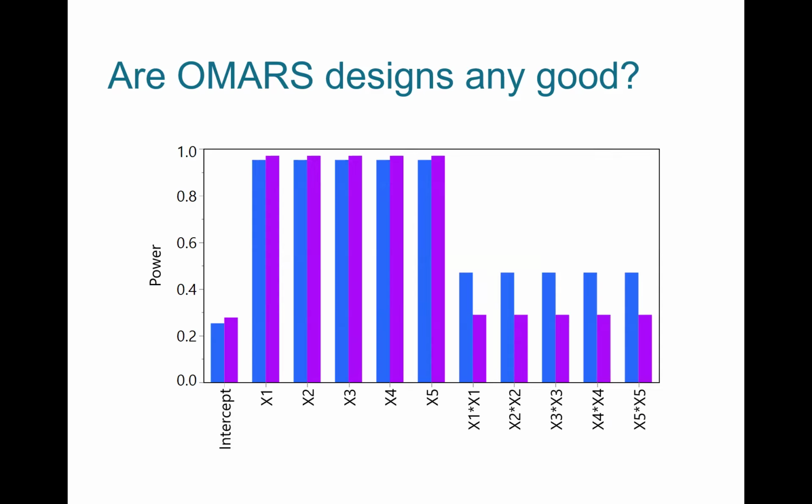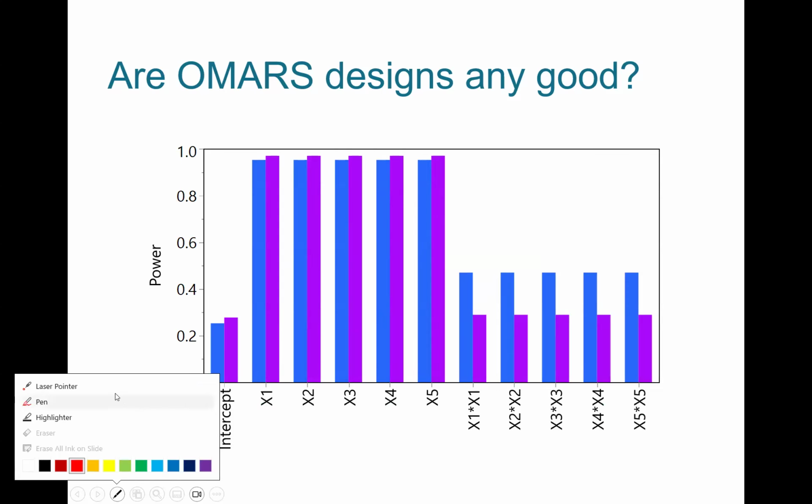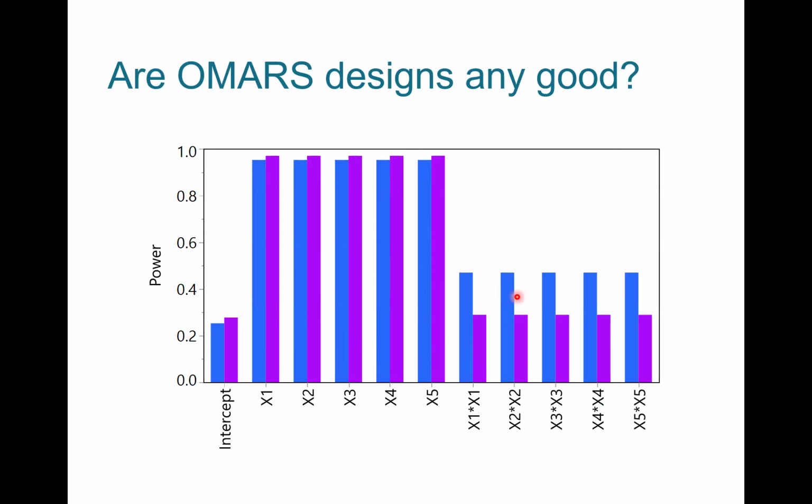This picture visualizes the strengths of the OMARS design compared to the definitive screening design. On the vertical axis, you see the power. The power in design of experiments is the probability that you will discover an existing effect. You can see that the blue bars in this graph, which correspond to the OMARS design, are substantially larger than the purple bars, which are the powers for the definitive screening design.